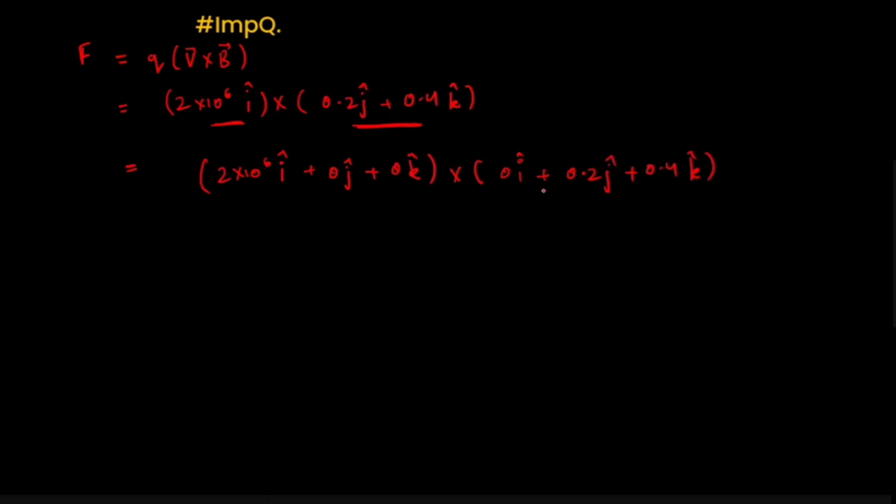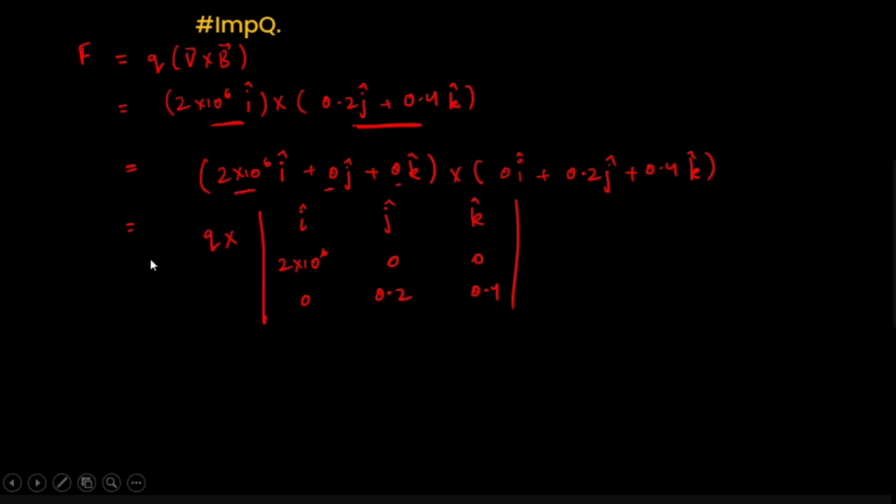Now, to do the cross product, first write i, j, and k cap, and write the coefficients of these vectors there: the velocity components, then 0, 0.2, 0.4. Now this becomes a matrix, and the charge is being multiplied in. How are we going to solve it? By simply starting with i cap.